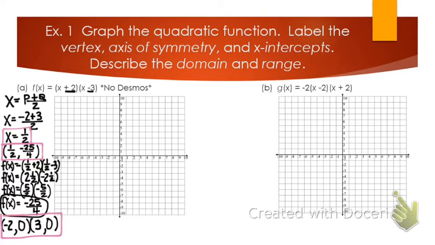All right, we'll start with the vertex. Now the vertex is a little tricky because it's fractions. So either change them to decimals or change the improper fraction to a mixed number. Whatever will make this easier for you, it does not matter to me. But if the x coordinate is a half, then I'm going to start at 0 and go halfway over.